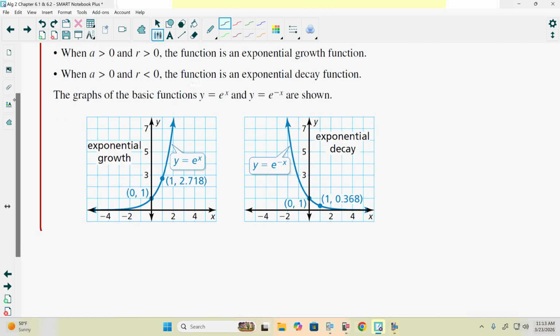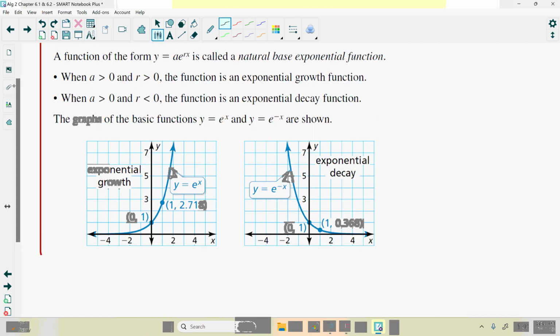Now, these functions with base e can be defined as exponential growth or exponential decay. I think they're defined as y equals a e to the rx.